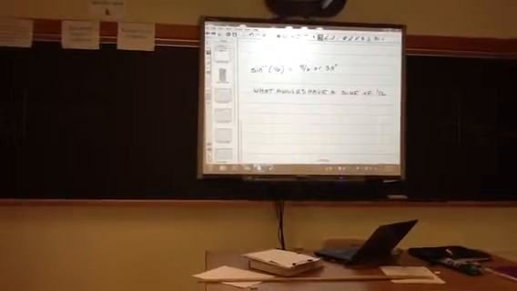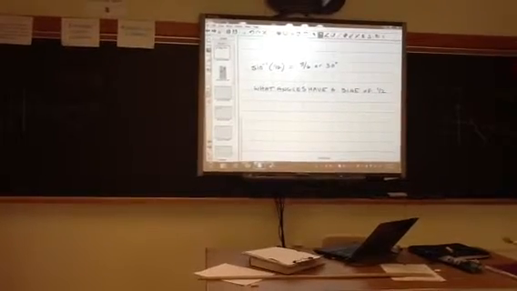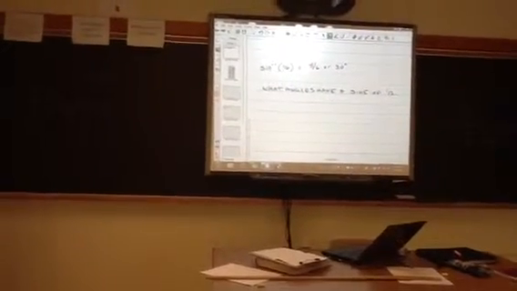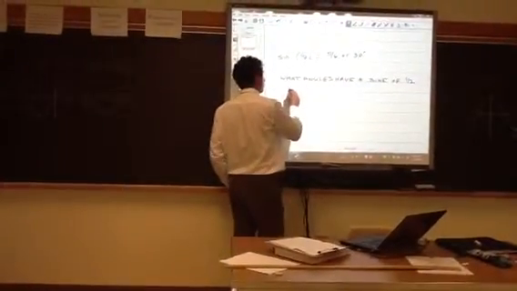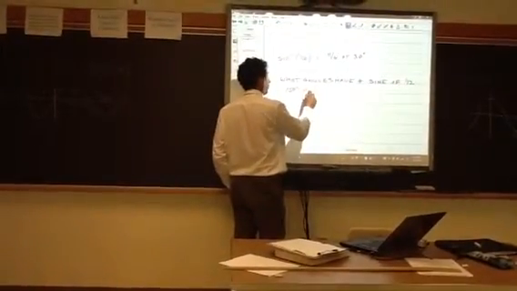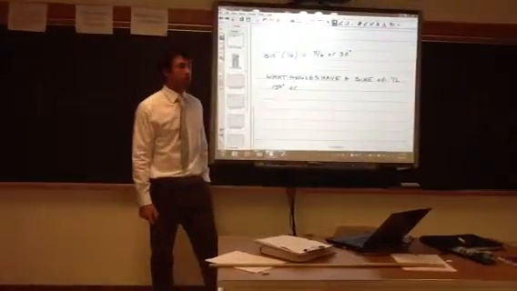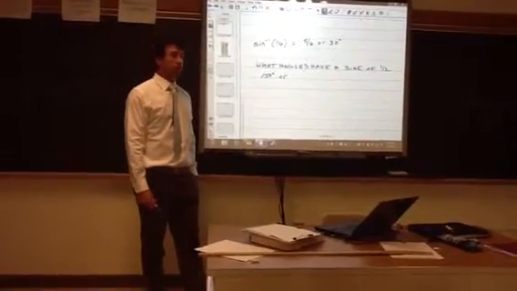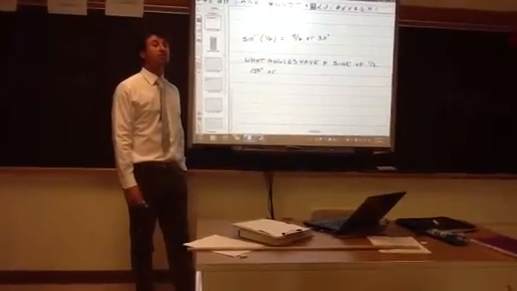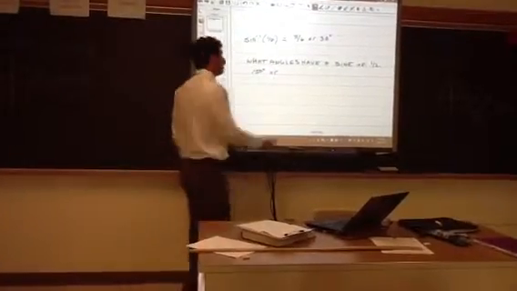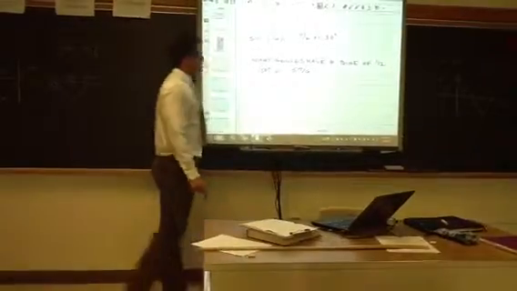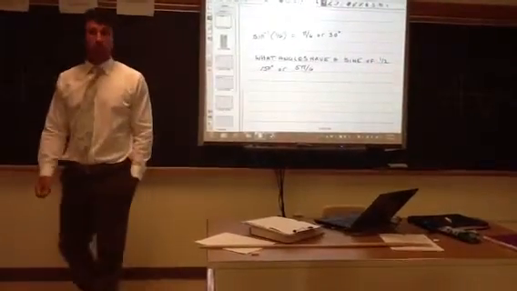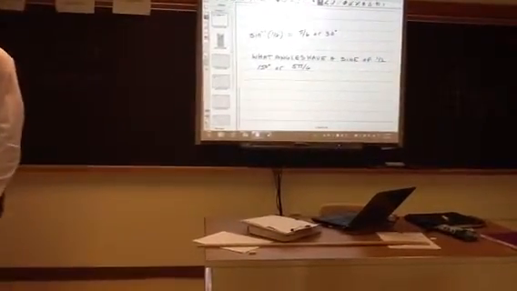Lester? Well, we got 30 already. What other angle will have a sine of 1/2? Tori? Is it 150? Okay, so 150 would work. What's 150 in radians? 5 pi over 6. Okay, good. What other angles would work? Will? 390.